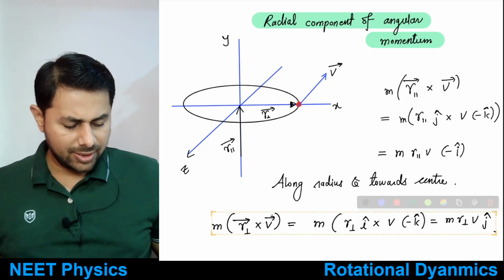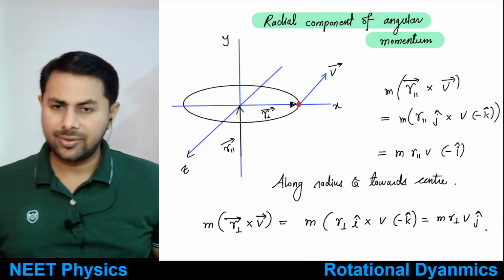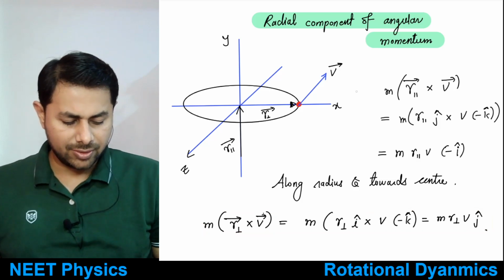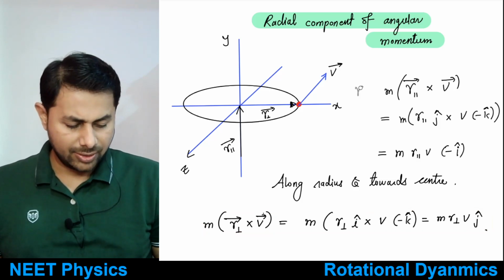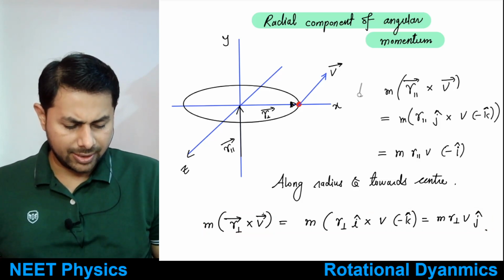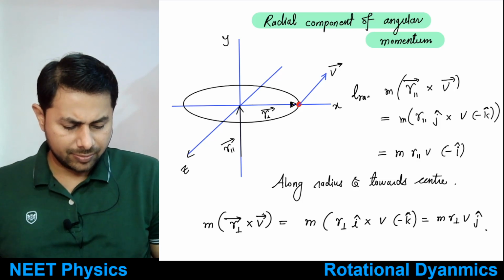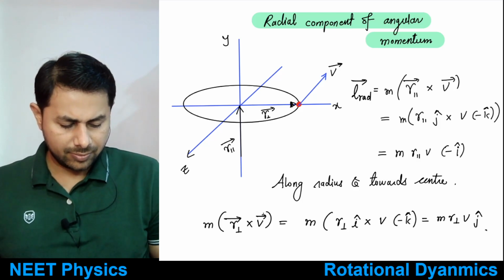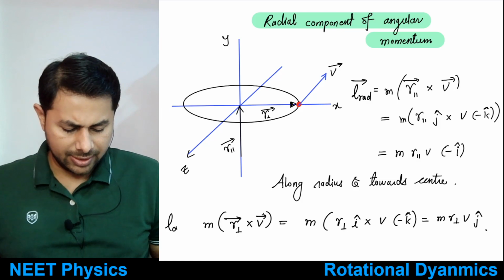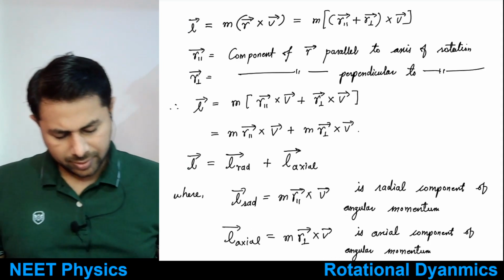Is this thing clear? Are the two components clear, everyone? So this is the radial component of angular momentum, L radial, let's say, and this one is the axial component, L axis, right? Axial.